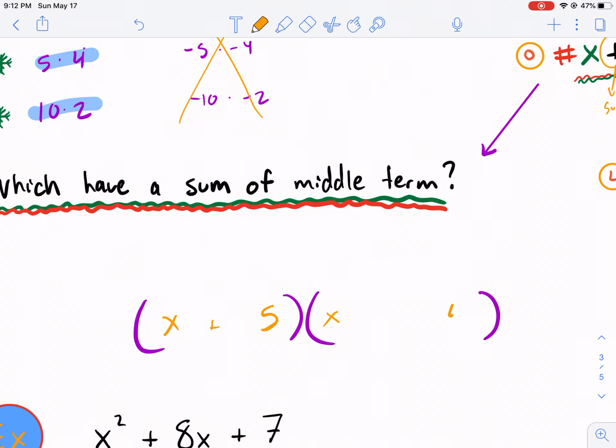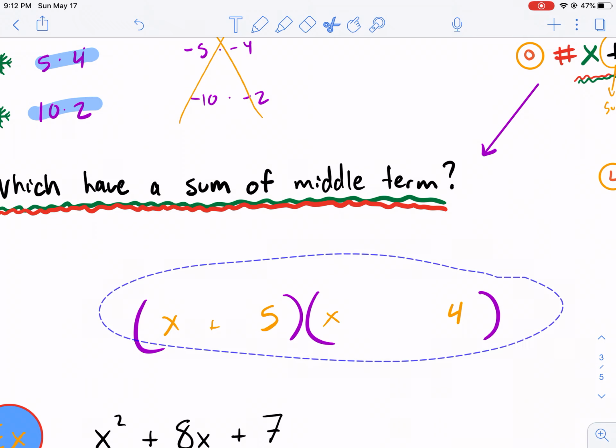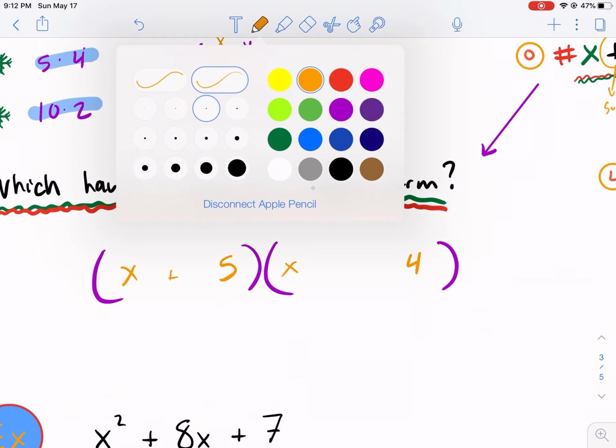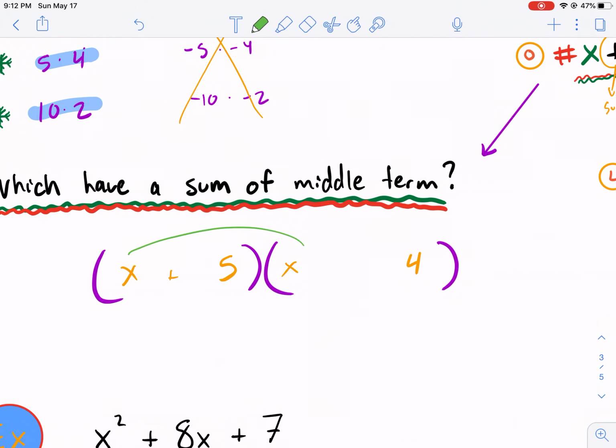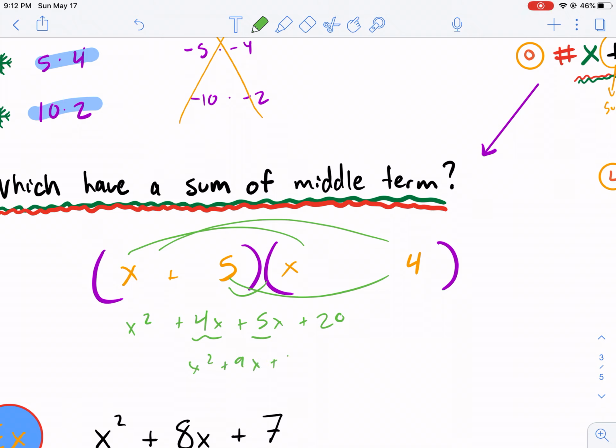Now let me show you why this works. Let me move this up. Okay, so I'm going to FOIL here. I'm going to do first times first, x squared. I can go ahead and do outside, that's fine. 4x, then I'm going to do inside, 5x, and then last, 20. I can always combine those two, so I get x squared plus 9x plus 20.